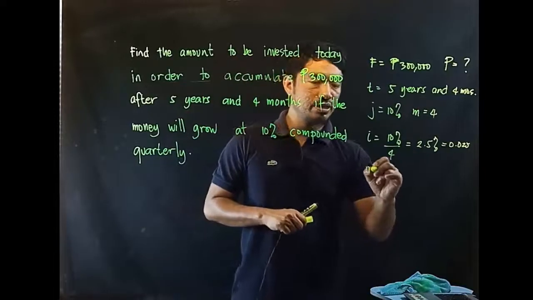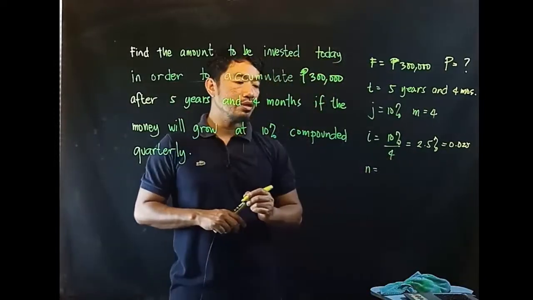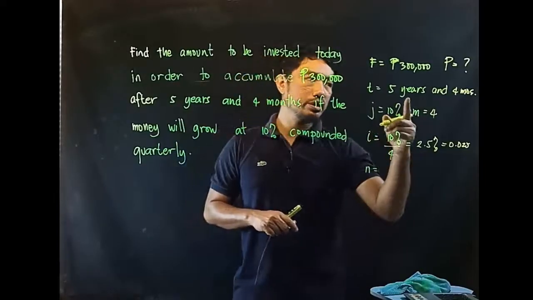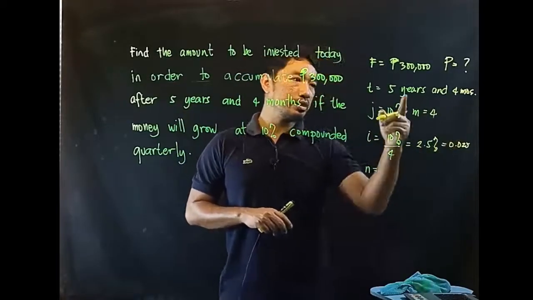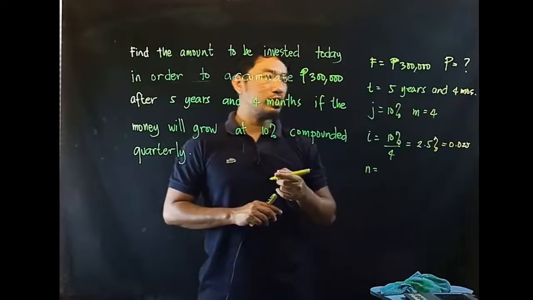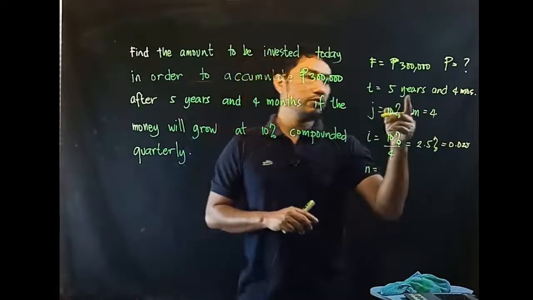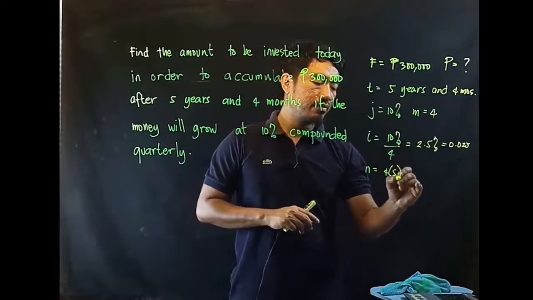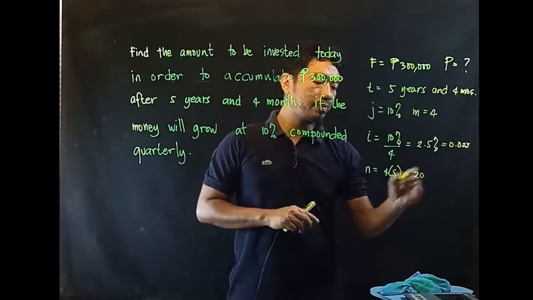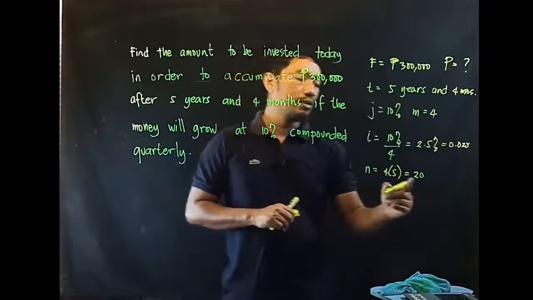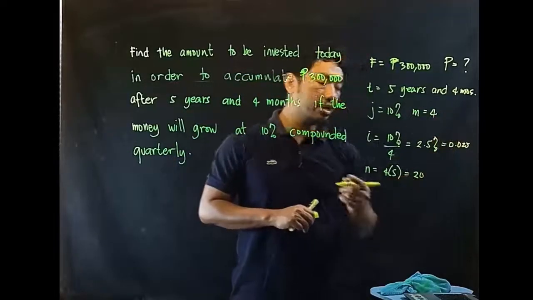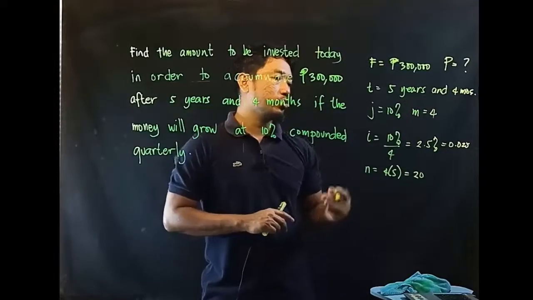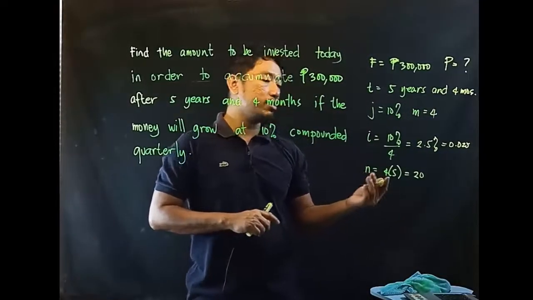And the value of n is equal to, so we're going to determine how many compounding periods, or how many quarters, there are in 5 years and 4 months. For the case of 5 years, we have 20 periods. And in the remaining 4 months, we can still form one period. So 1 quarter is equivalent to 3 months.